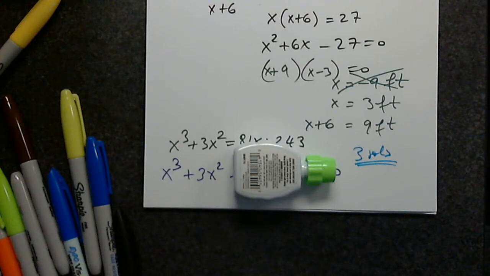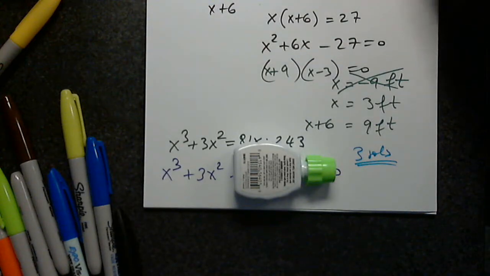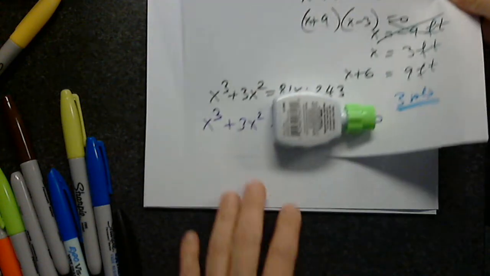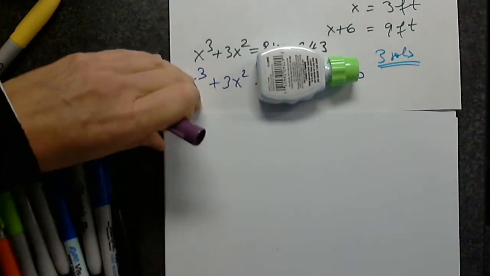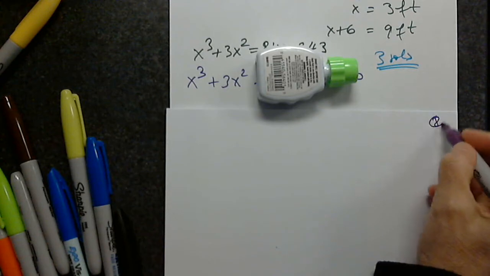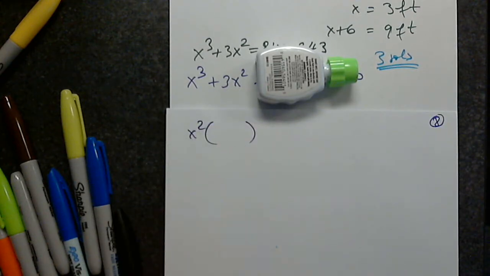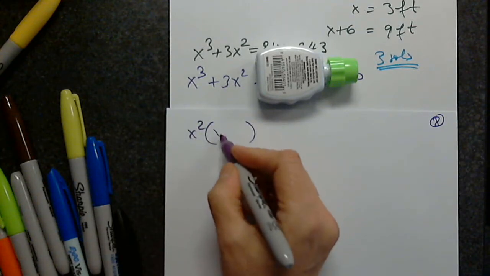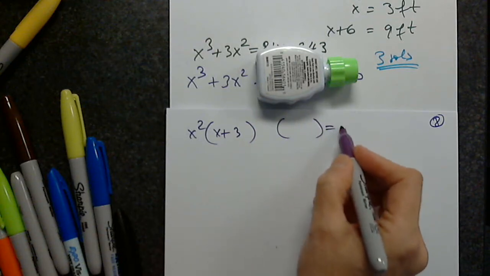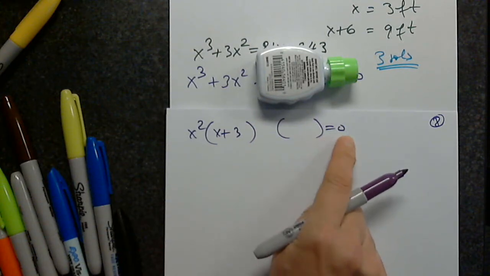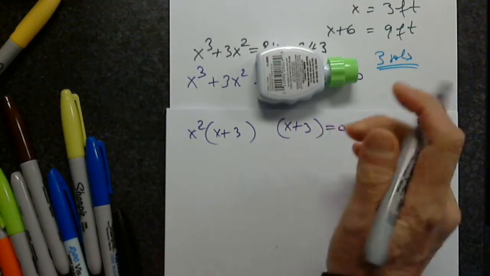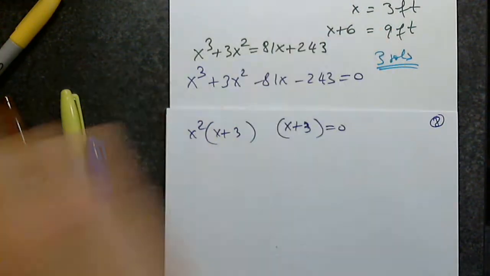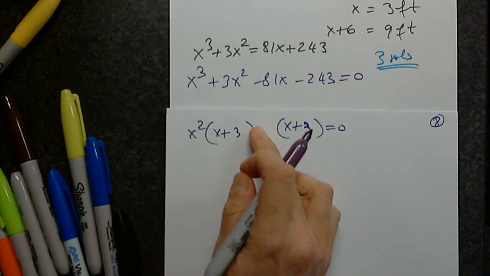So please tell me what you want to factor out from the very first 2. X squared. Awesome. Well done. What is left in parentheses? X plus 3. And I have to have the equal symbol and 0 in here. X plus 3, a must. Very good. So please tell me what we have. I need the sign and the factor.